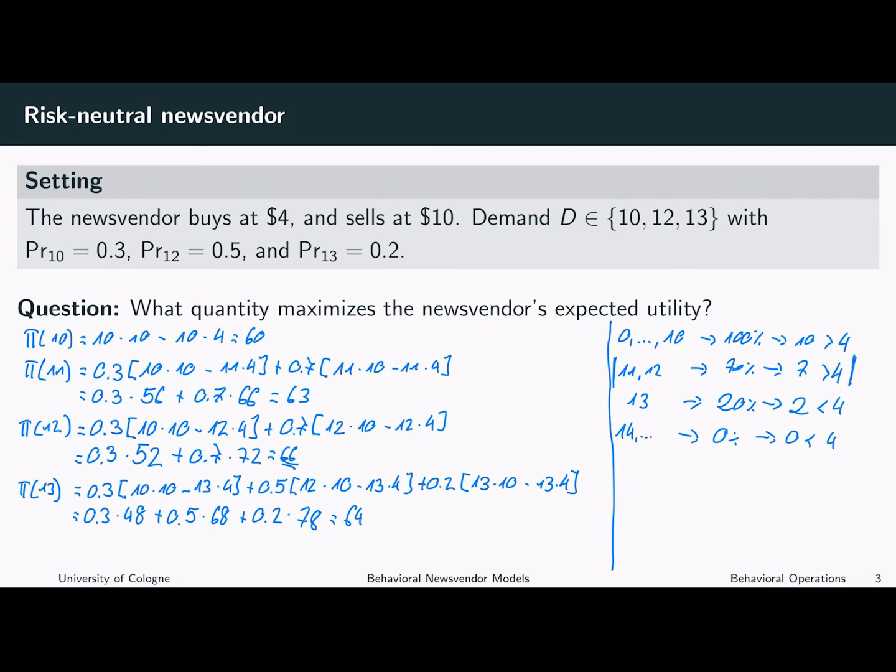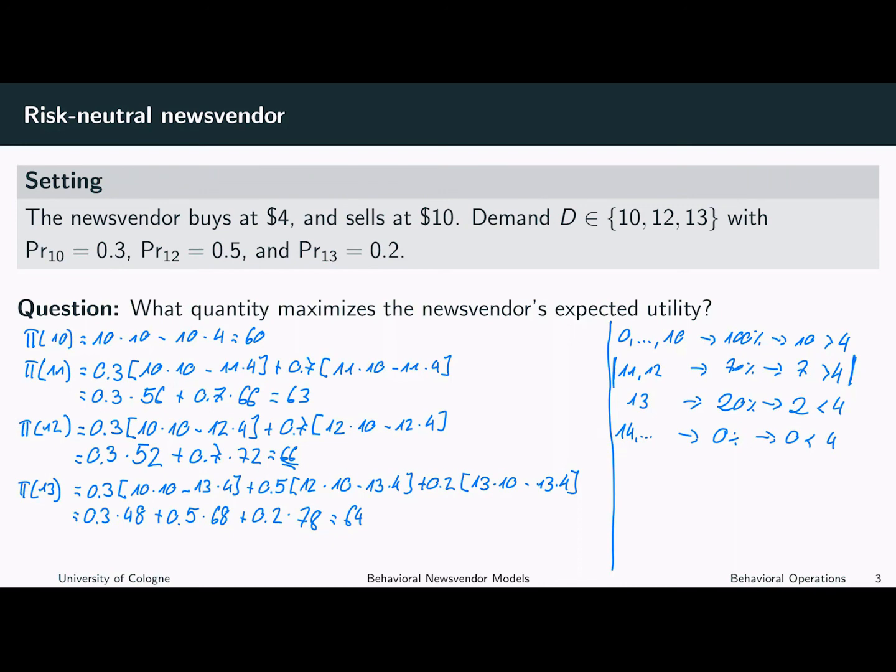The 12th unit is the last unit which results in a positive expected profit. So ordering up to 12 units is optimal.